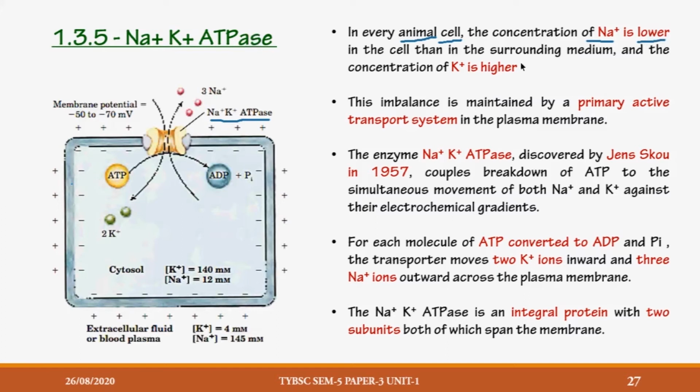Got it? That is the difference and the main important concept of Na+K+ ATPase. What does the cell want? The cell wants that the concentration of Na+ inside the cell should always be low as compared to outside, but the concentration of K+ should be high inside the cell.